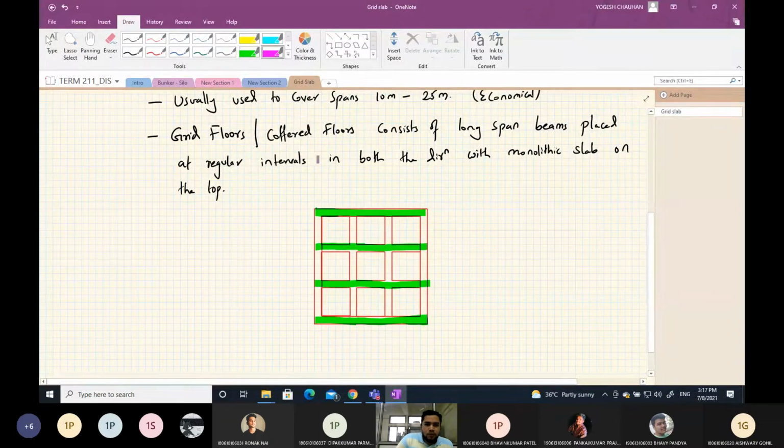Same way, we have beams in the perpendicular direction, and there are no columns.